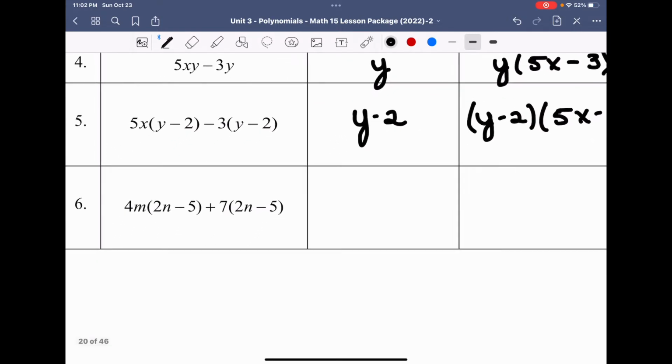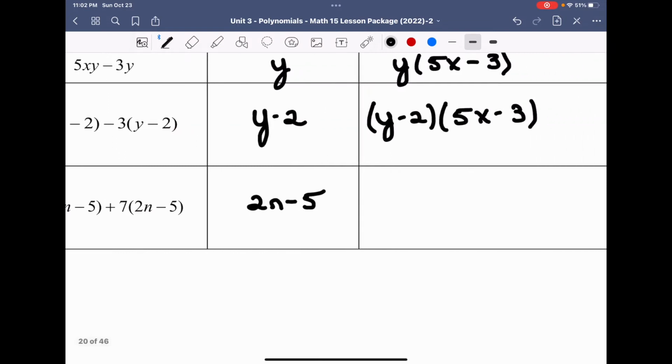Finally here, I look at example 6 and I see, okay, a 4m is being multiplied to 2n minus 5. A 7 is being multiplied to 2n minus 5. What is that shared term between 4m and 7? It's the 2n minus 5. So I'm going to write this as the greatest common factor, 2n minus 5. I bring it out front and say 2n minus 5.